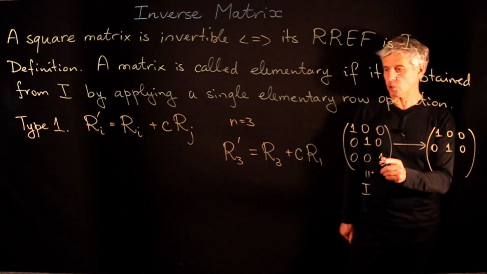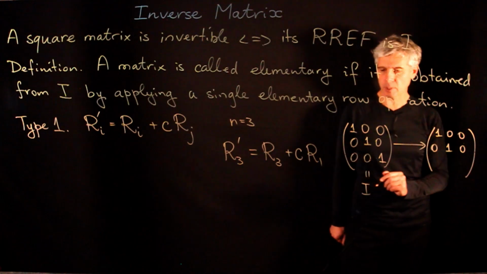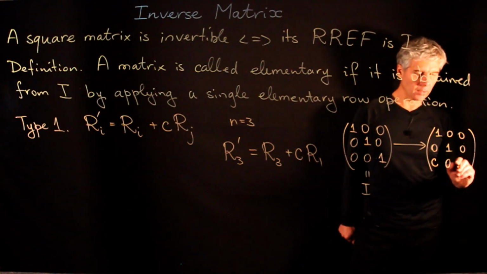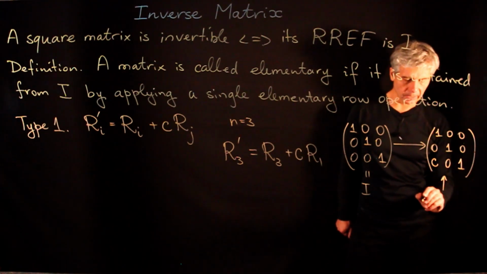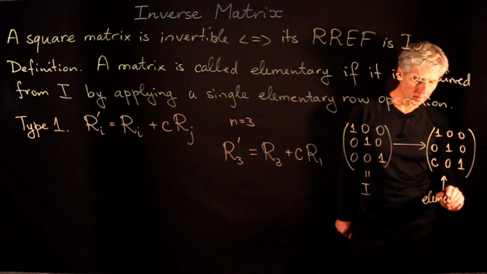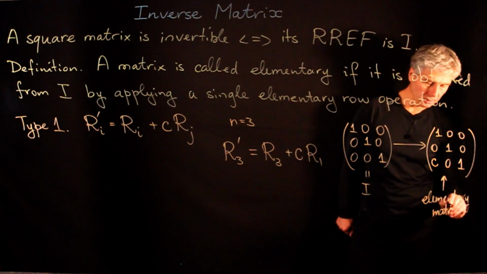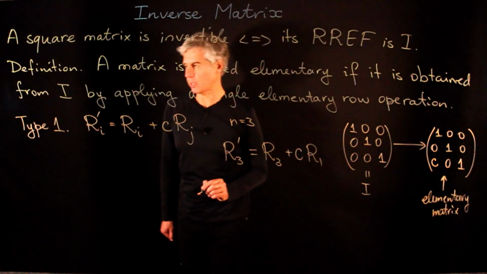And the last row is row 3 plus constant times row 1. So then this will give us the following row. So this is the elementary matrix that corresponds to this particular elementary row operation.